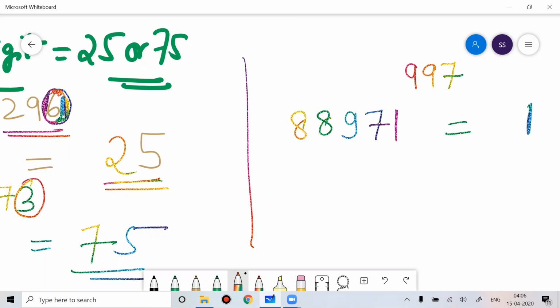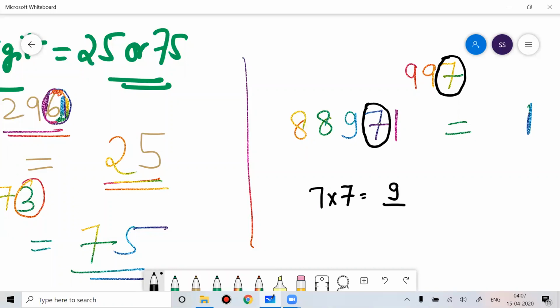We know this. Now, how to find the tens place digit? See the digit before 1, that is 7, and see the last digit of the power, that is 7. Then do 7 sevens, which is 49. The unit digit of that is 9. So the answer for this would be 91.